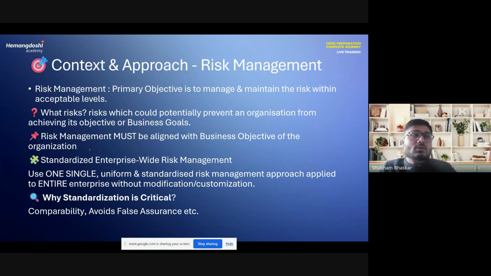One thing I want all of you to keep in mind throughout the training is that when you are doing risk management, you are not doing it in silos or in isolation, thinking my job is only to manage the risk. No, you are directly related to the strategy of the organization.